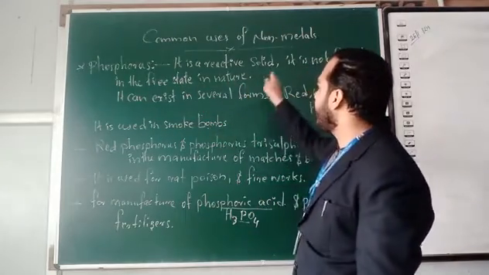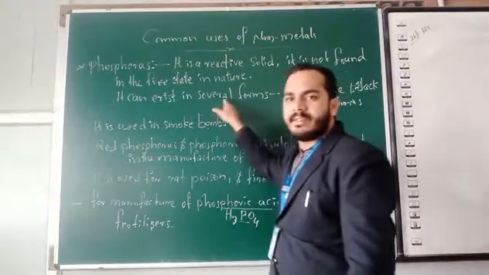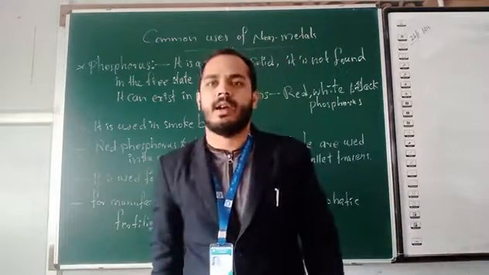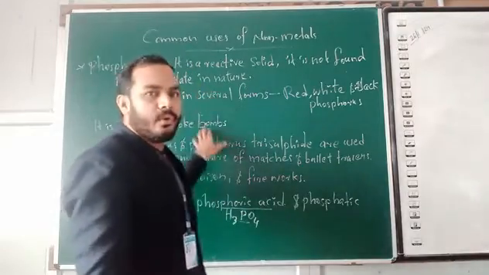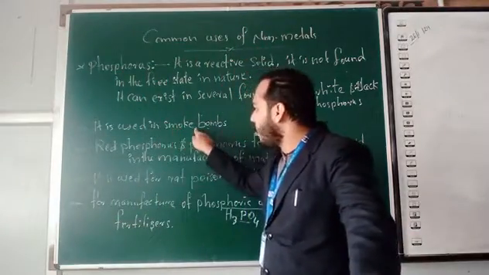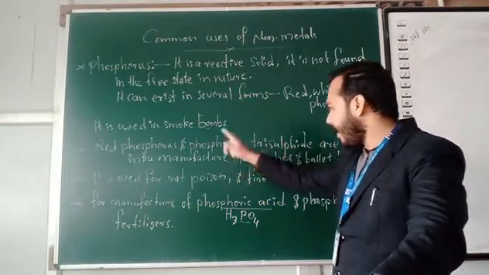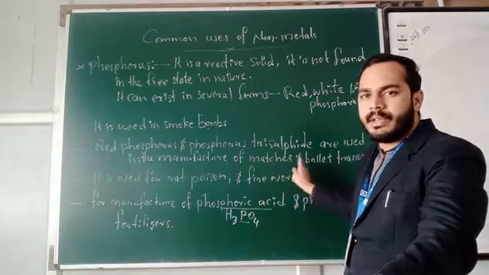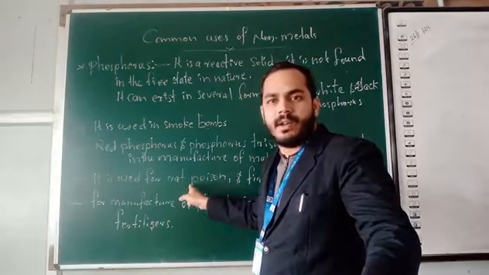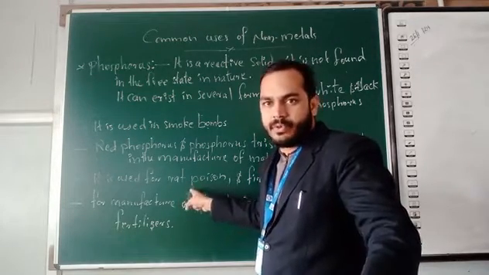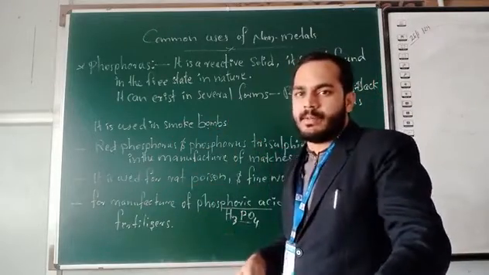Once again, it is a reactive solid. It is not found in the free state. It can exist in several forms: red, white, and black. It is mainly used for manufacturing smoke bombs, and red phosphorus and phosphorus trisulfide are used for manufacturing matches and bullet tracers. It is widely used as rat poison, which is poison not only for rats but for all other organisms also.